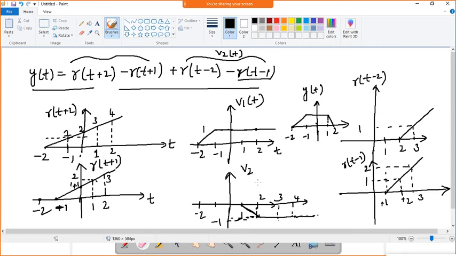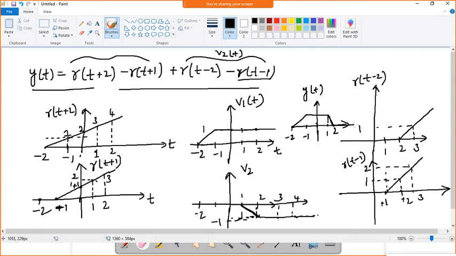At 1 the amplitude will be exactly 1, but from 1 to 2 the ramp will be decaying. And at 2 the amplitudes plus 1 and minus 1 cancel each other and give the value 0.